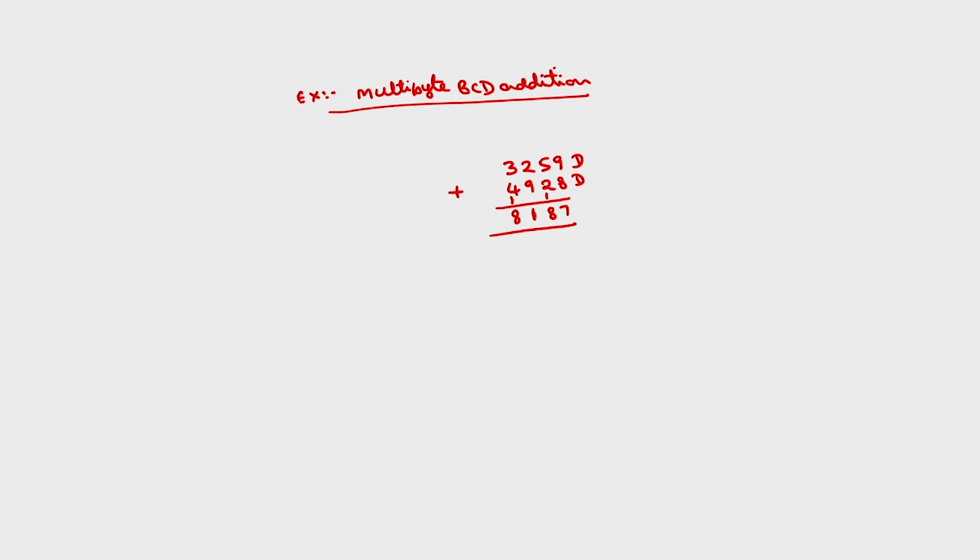I am taking only 2 bytes for the sake of simplicity. Multi-byte means you can have any number of bytes. So, this is the BCD addition I want to perform. For that you assume the appropriate memory locations.